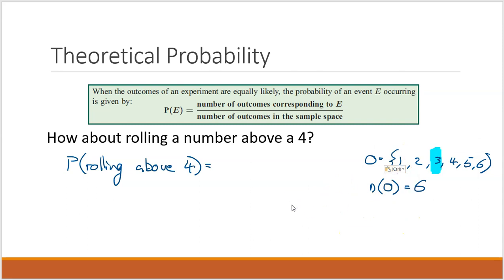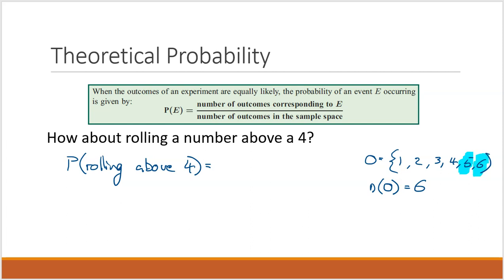And we're going to ask ourselves, which numbers correspond to this event? So if we rolled a 1, 2, 3, or 4, then not above the value of 4. So we want to know the outcomes of rolling above 4. Well, that could be 5 or it could be 6.